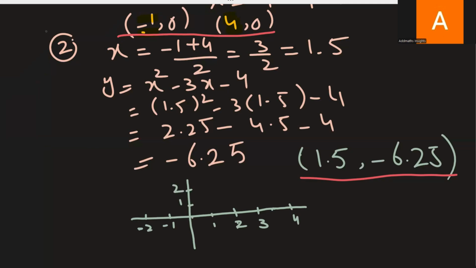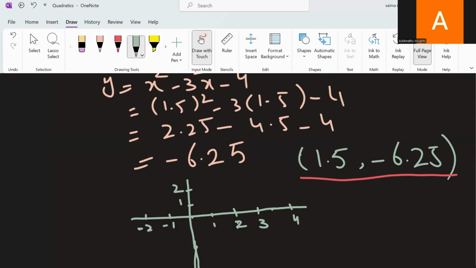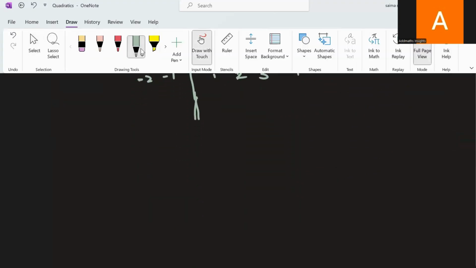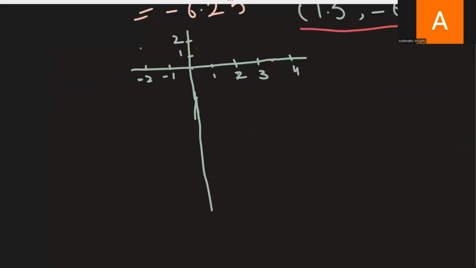This is the origin, and we have negative values of the y-axis: minus 1, minus 2, minus 3, minus 4, minus 5, minus 6, minus 7.